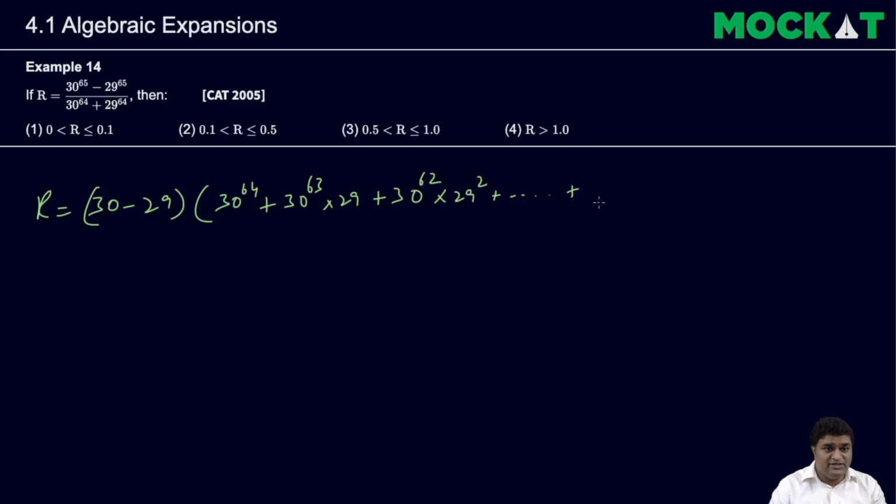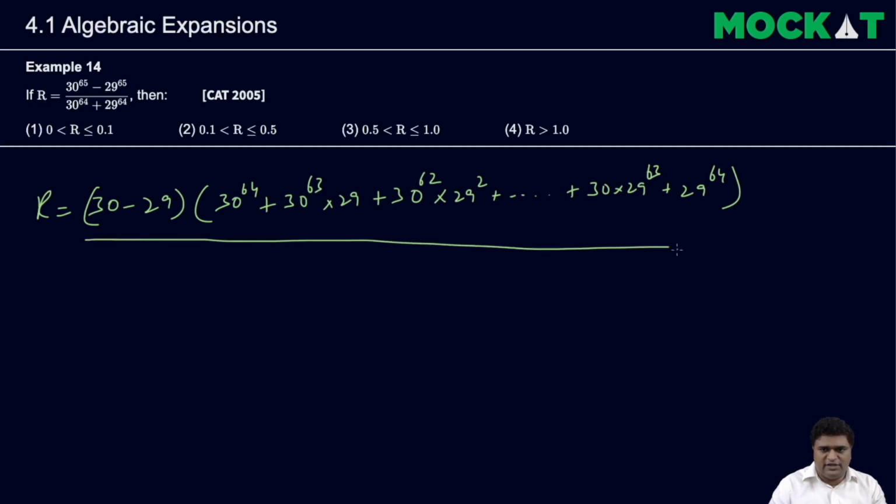And what do we get towards the end? The last term is going to be 29 power 64. The last but one would be 30 into 29 power 63, right? So you don't need to be so precise for this question. We'll see why. Now this is being divided by 30 power 64 plus 29 power 64, right? Now it's easier to look at.